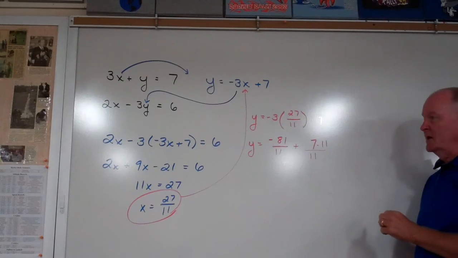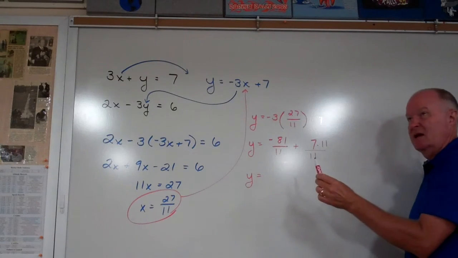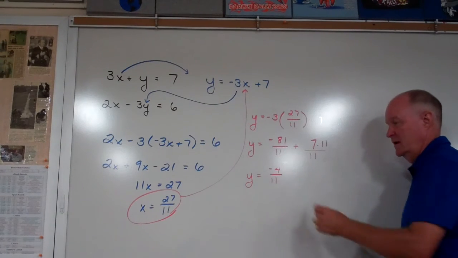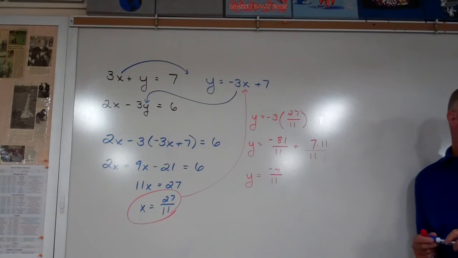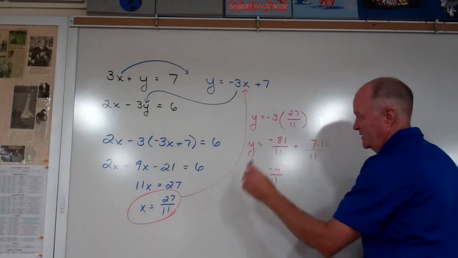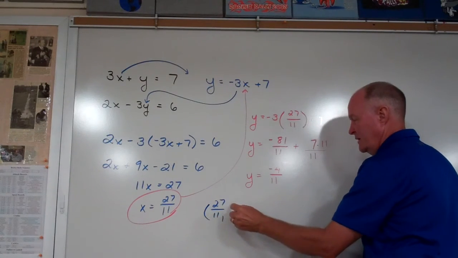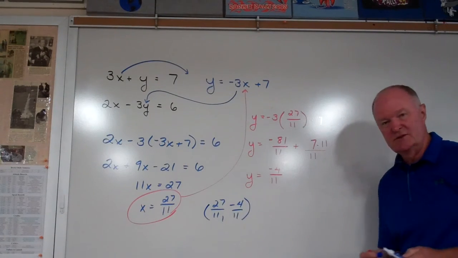So multiply top and bottom by 11, and that's 77 and negative 81, negative 4 over 11. Doesn't get much messier than this one, okay? It really does. Well, it does. I should take that back. But 27 over 11 and negative 4 over 11. There's your answer.